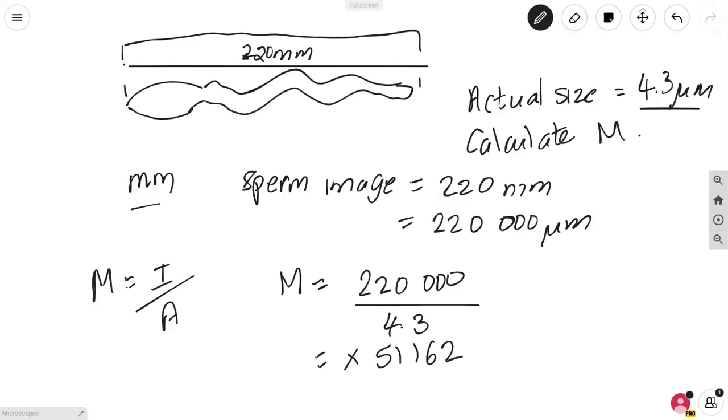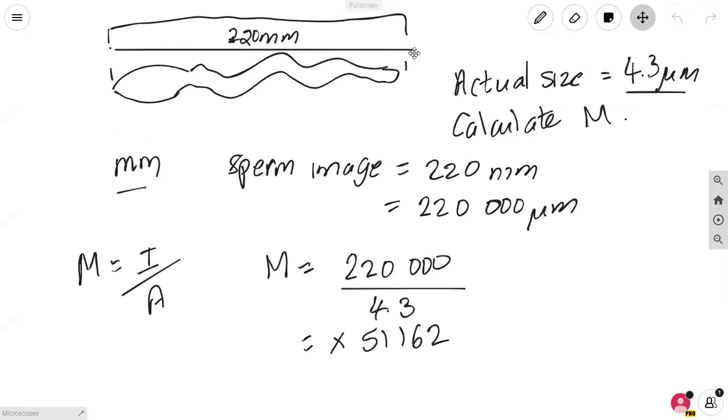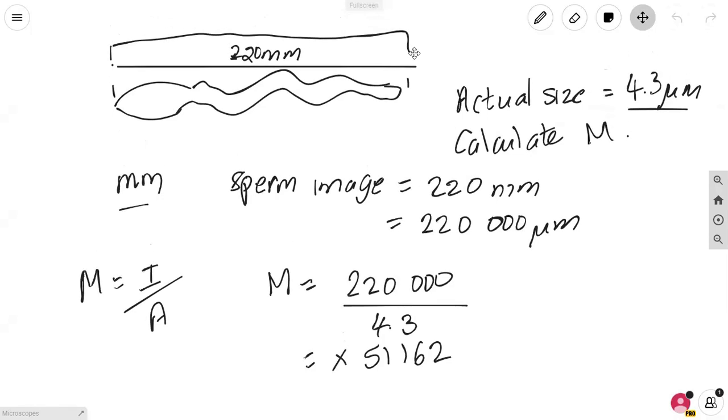So I know that my sperm is drawn just over 51,000 times bigger than it is in real life. So that is the first of the two calculations. They give you a picture, they give you the actual size, or they give you the magnification, and then from there you have to do a calculation. Always remember, measure in millimeters, then convert into micrometers.